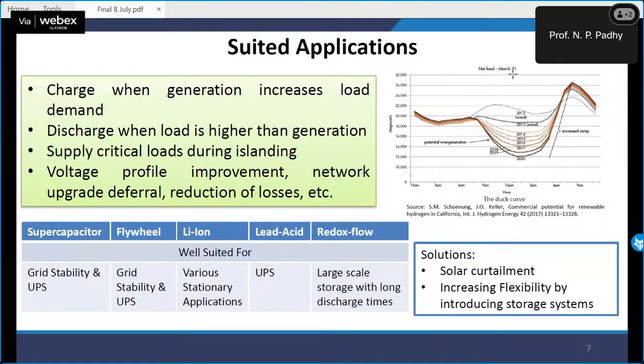Discharge when the load is higher than the generation, supply critical load during idling, voltage profile improvement, network upgrade deferral, reduction of losses, etc. But certainly, in the current scenario, any system with maximum renewable, especially from PV, with machines not having huge ramping characteristics, needs to have batteries to survive.